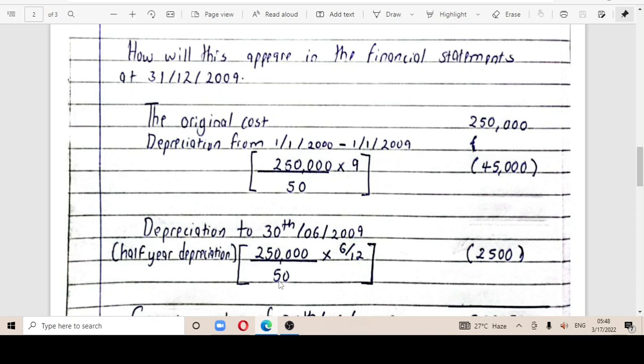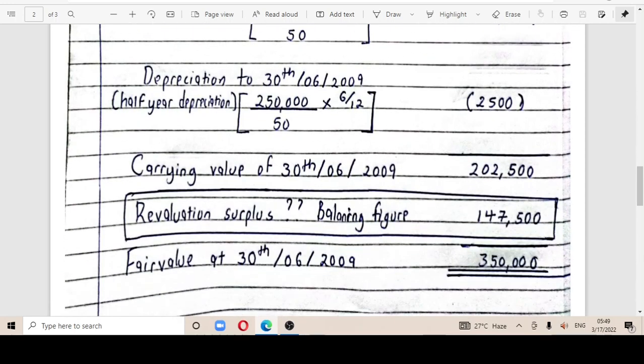You take the depreciation for the whole year, then times 6 out of 12, because 12 out of 12 makes 1 year, so the 6 are the 6 months. Which is going to give you 2,500.